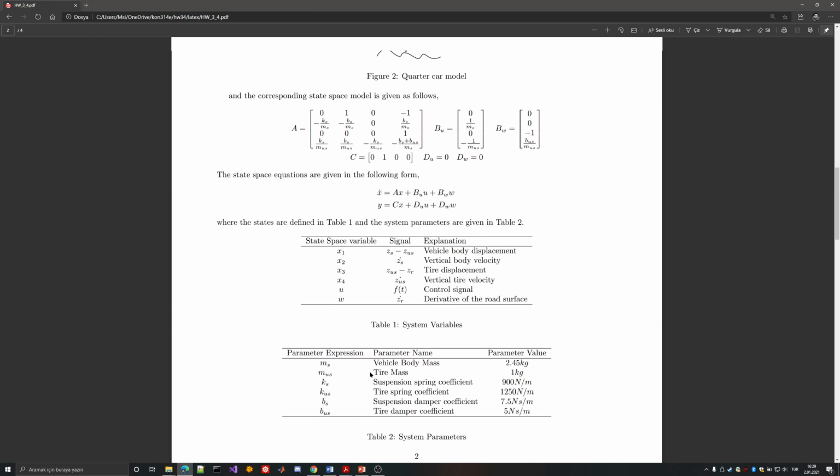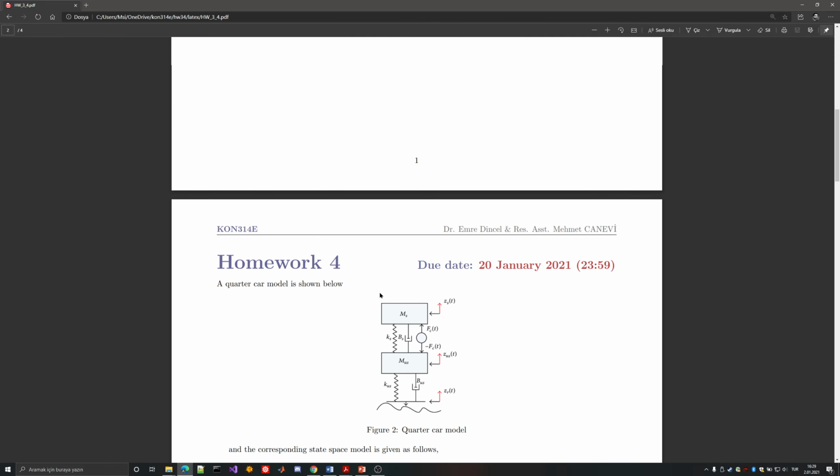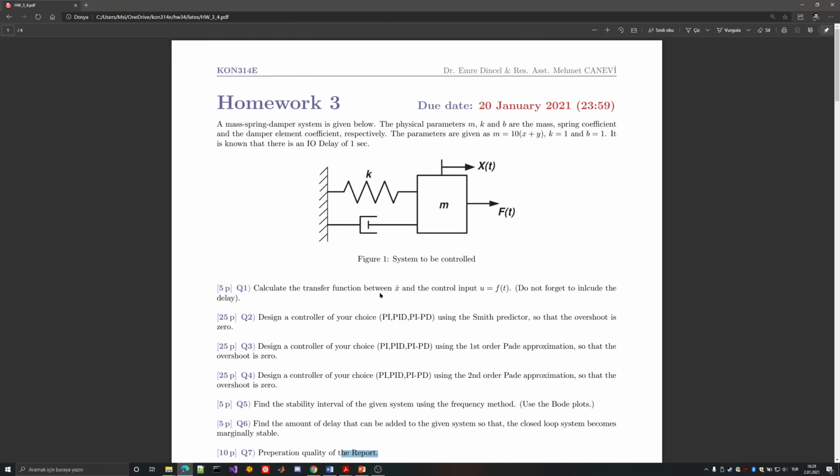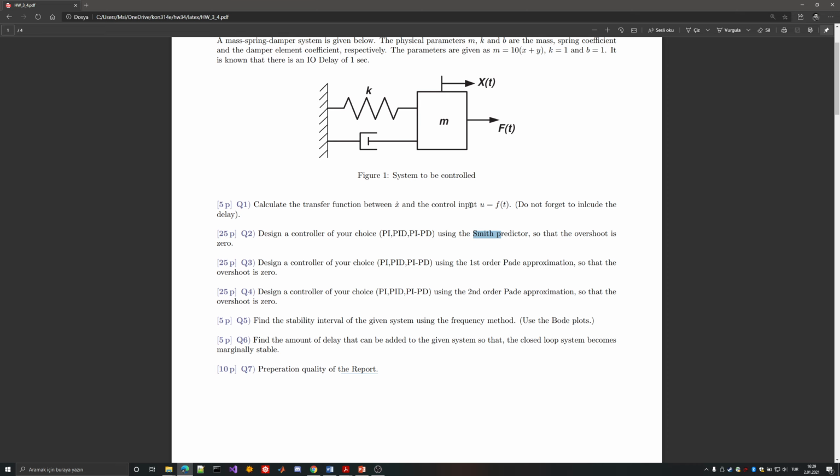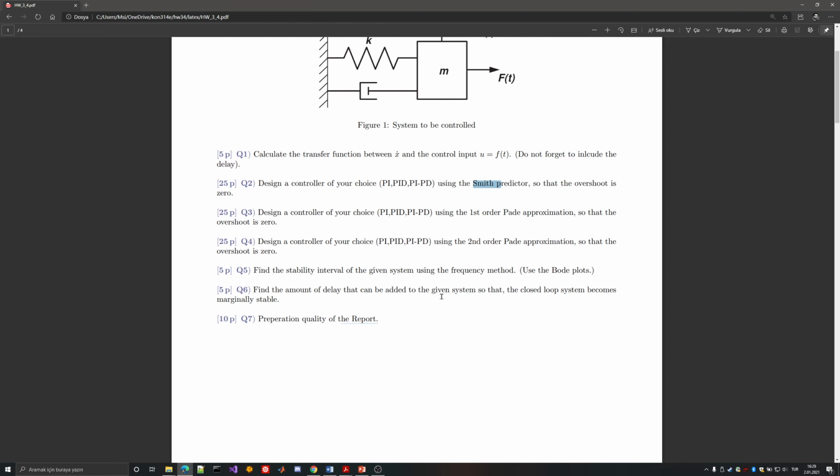Basically, what both of these homeworks try to do is to teach you the latest part of the lecture that we've covered in the videos. The Padé approximation, the Smith predictor, a little modeling here, and then we are looking for frequency methods.